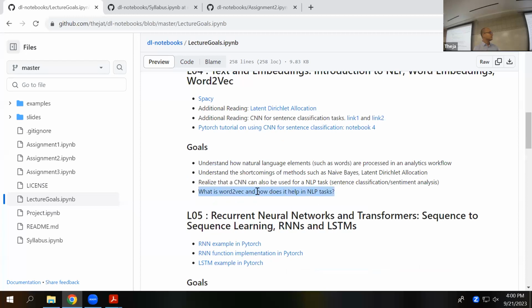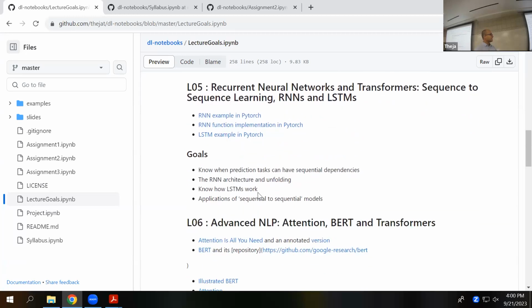So today's objective is word2vec. The next objective is to look at a class of problems and a canonical model, which is going to be different from word embeddings, but word embeddings are nice and can be used for this next collection of models. The next collection of models we'll see are called recurrent neural networks. We will not look at transformers today, but RNNs, which are useful for time-series-like problems. One popular RNN architecture is called an LSTM, and we'll learn what an LSTM is and how it works.